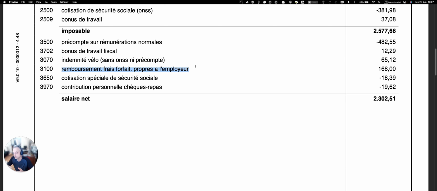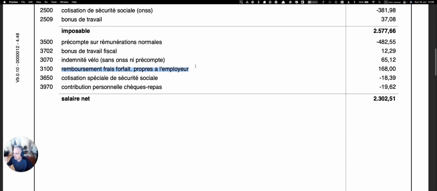you can even think about the cleaning products. If you have to pay for the internet at your home, you probably have to call once in a while for the office as well. All of this is represented by this 168 euros a month.